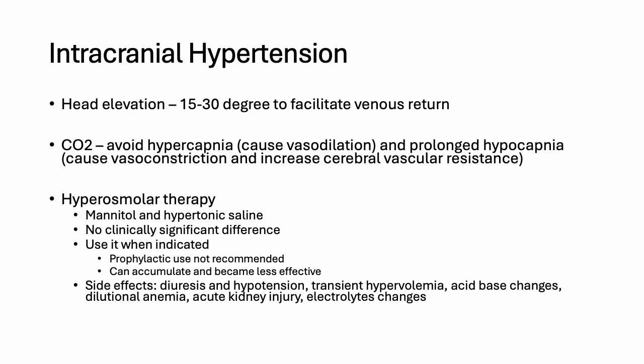Our goal is to perfuse the brain, right? We want the flow. So when we have increased intracranial pressure, we decrease the CO2 to cause vasoconstriction and decrease the cerebral blood volume, hoping that will decrease the intracranial pressure.